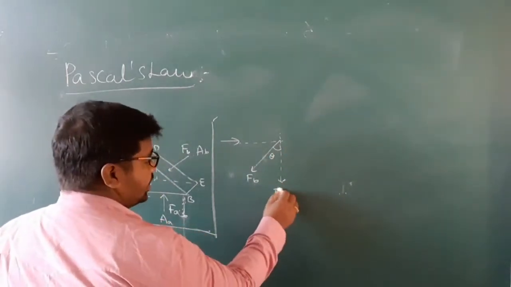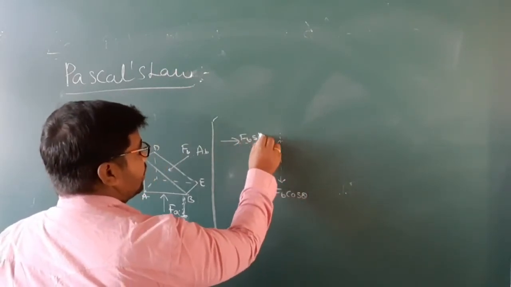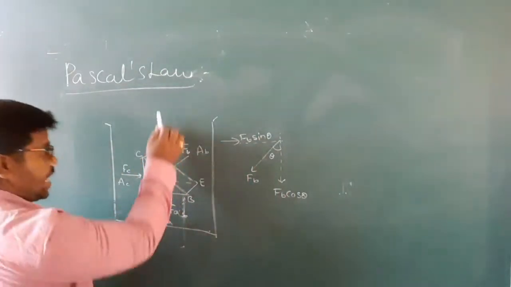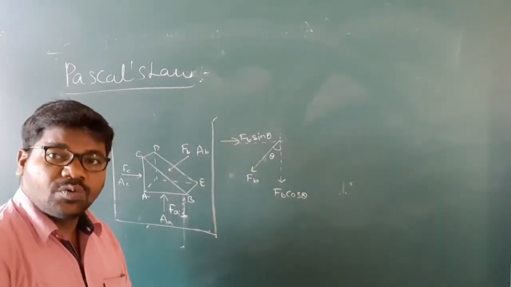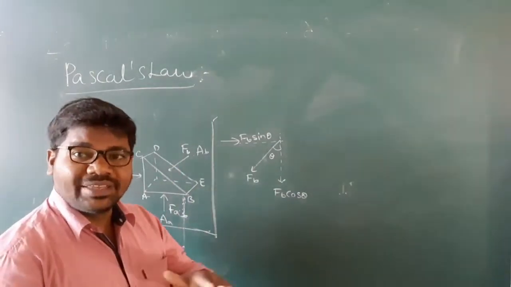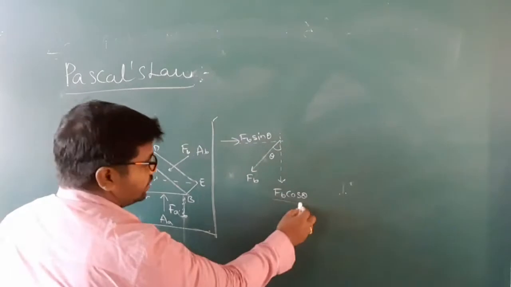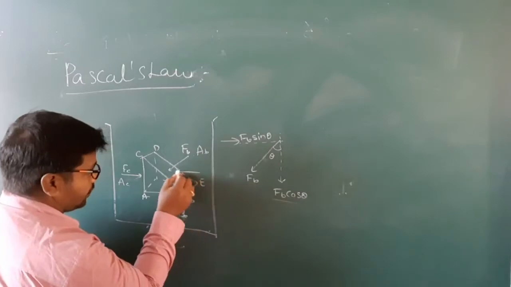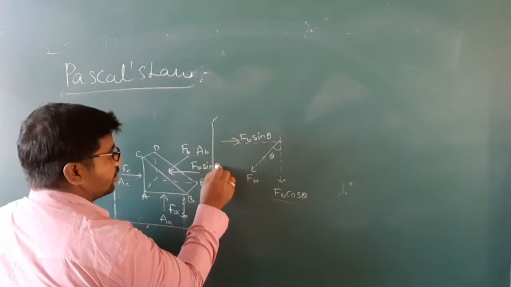Now we get FB cos theta and FB sin theta. This is the x-axis, this is the y-axis, but FB lies along neither axis. That is why, according to vectors, the force vector can be resolved into x and y components: FB cos theta acting downward and FB sin theta acting horizontally.